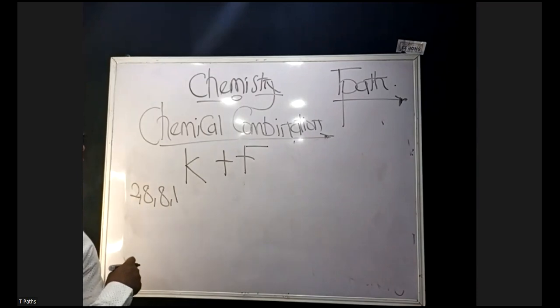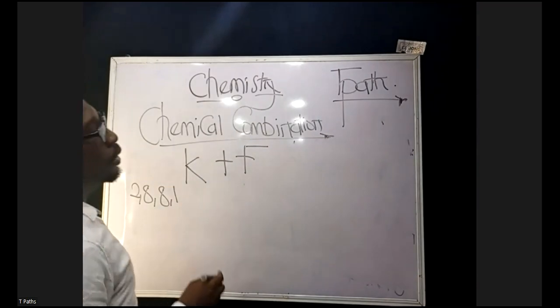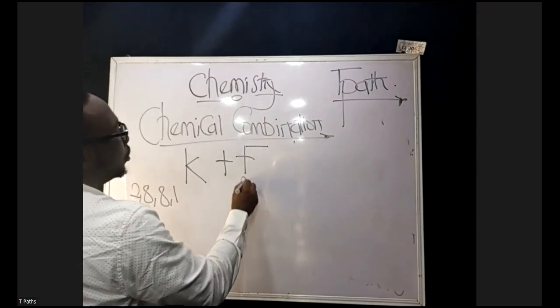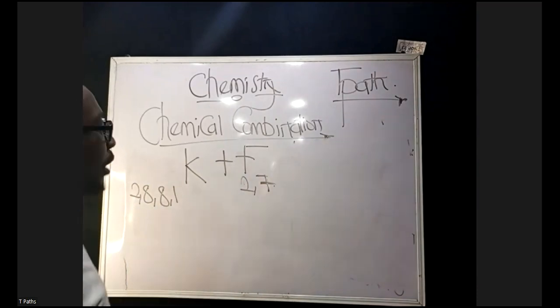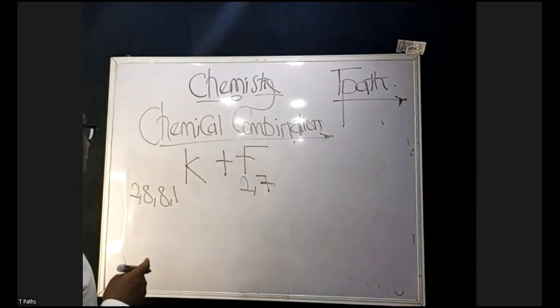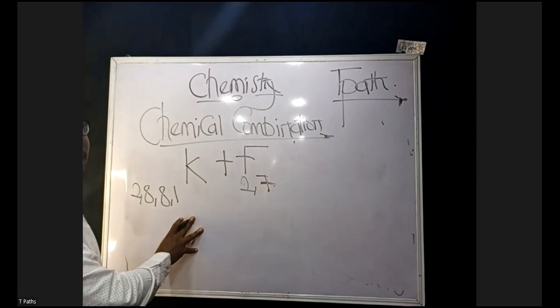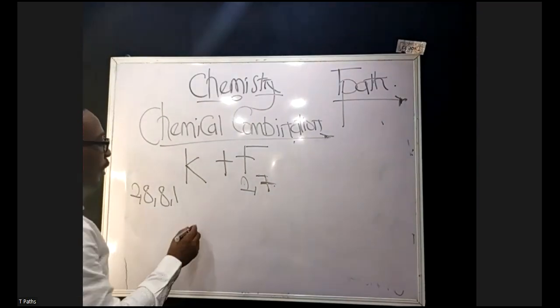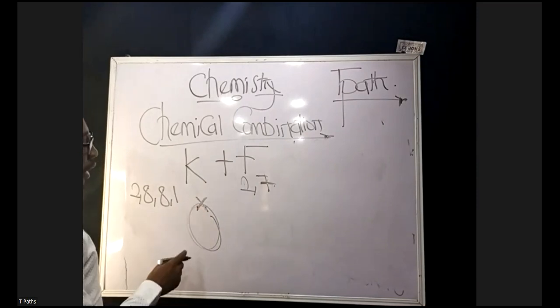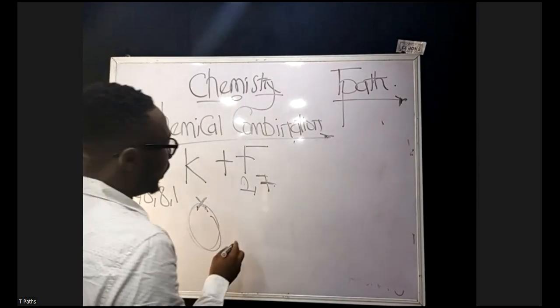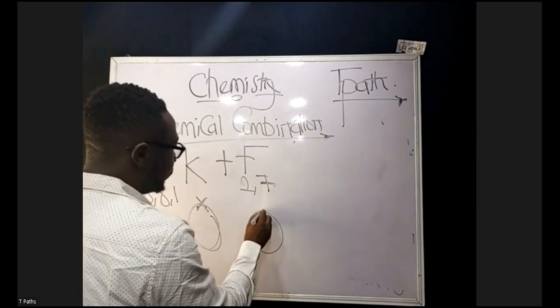Fluorine is 9, that is 2, 7. Now, let's look at the shell. We know that the outermost shell of potassium will contain one electron. Fluorine, the outermost shell will contain seven.